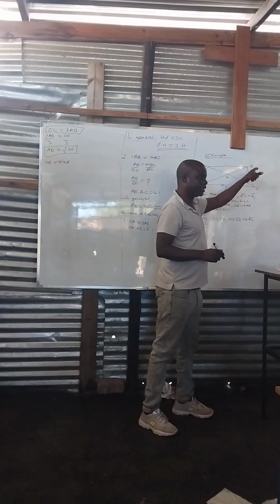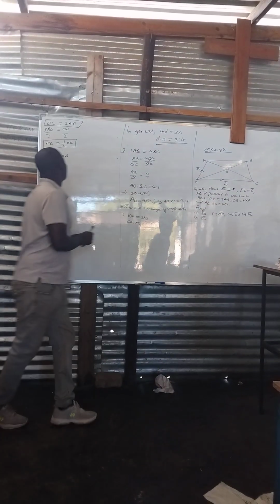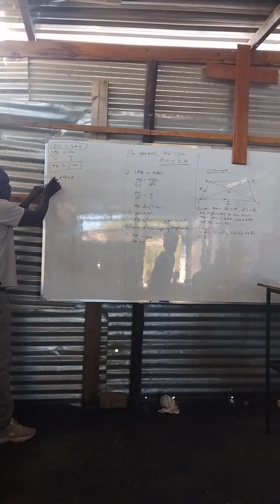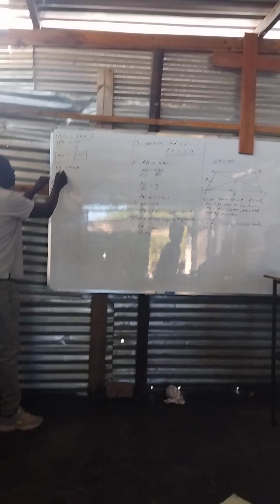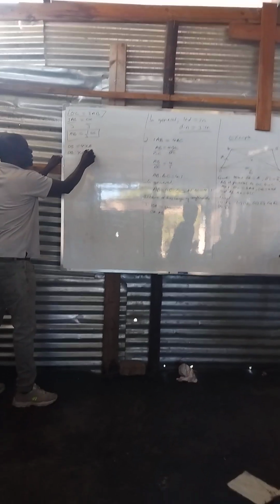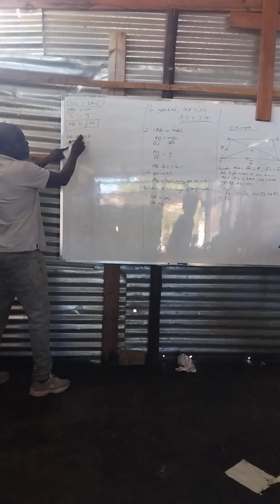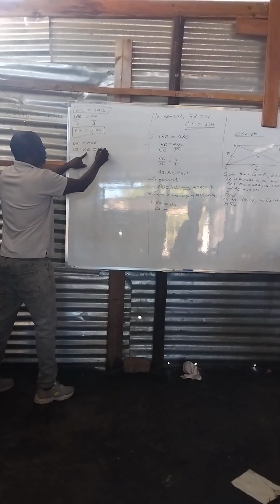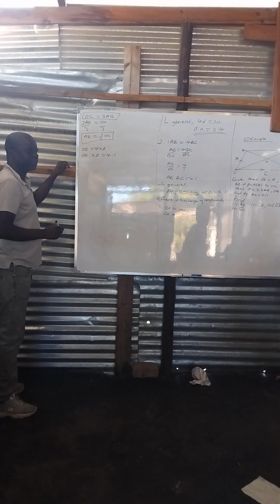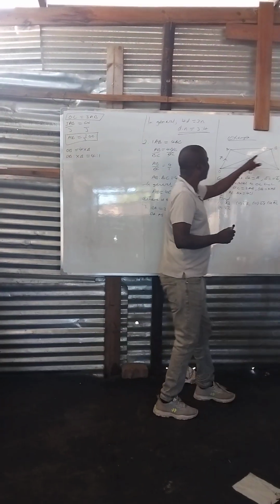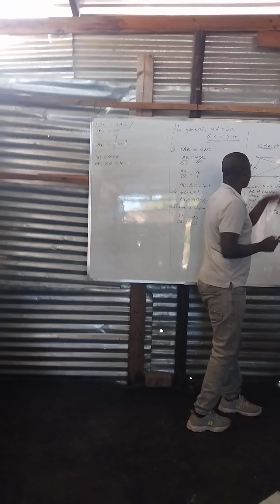We have to apply these ratios now. OB to XB is equal to 4 to 1.